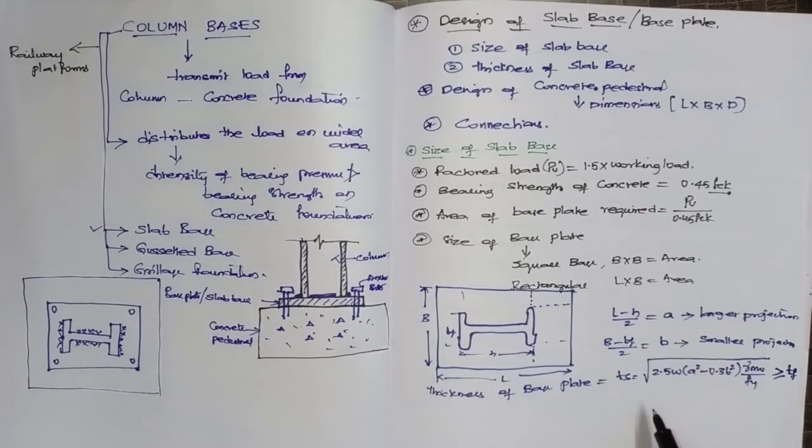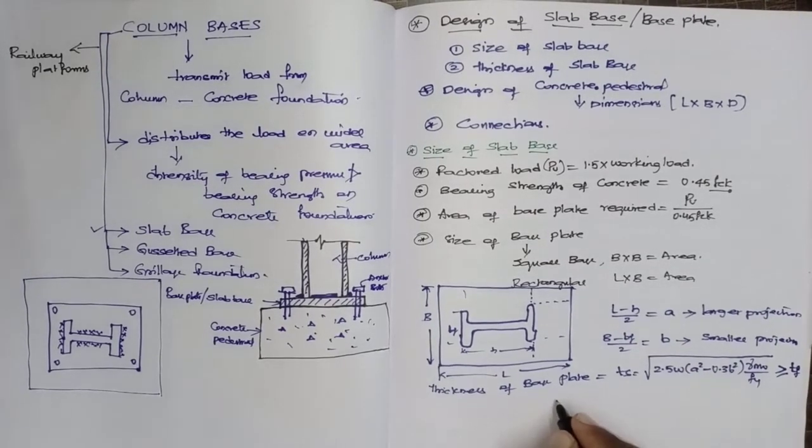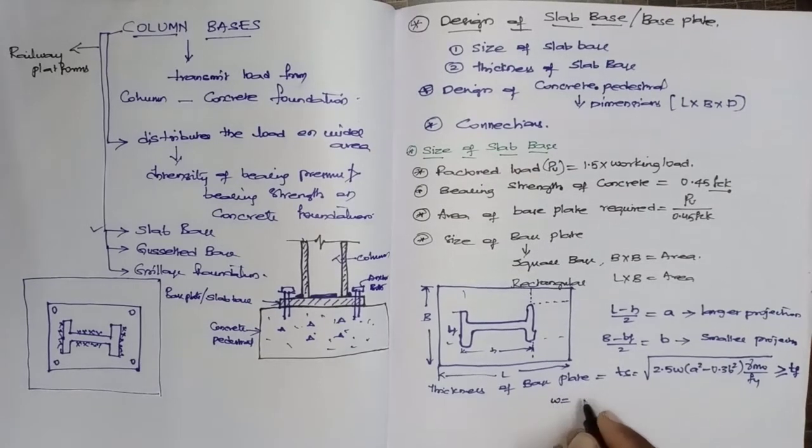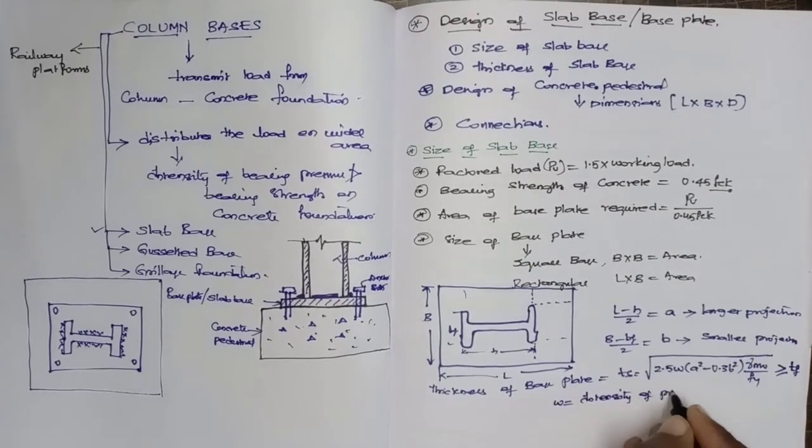Now here gamma m0 is 1.1, Fy is the yield strength of the steel, and A is this one, B is this one. The only thing unknown is W. That is W equals the intensity of pressure, right?